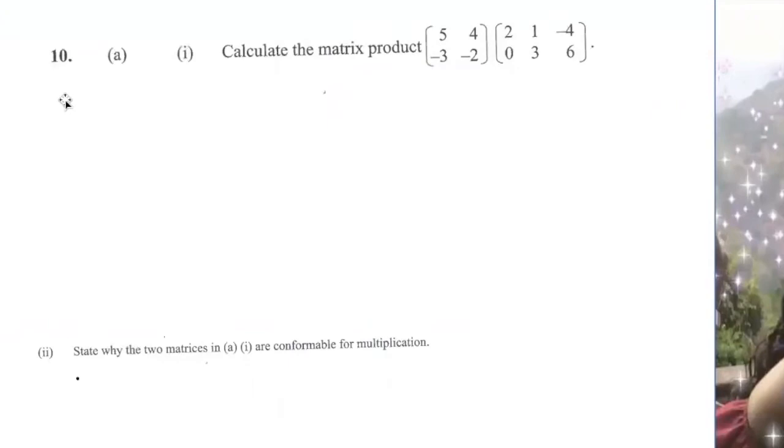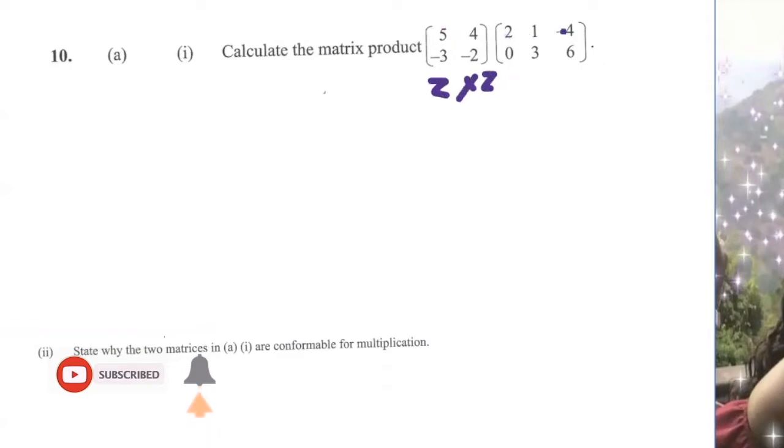Here, we're going to calculate the product of these two matrices. Let's look at the order of the matrix. The first matrix has 2 rows and 2 columns, so it's a 2 by 2.